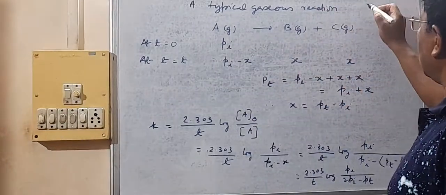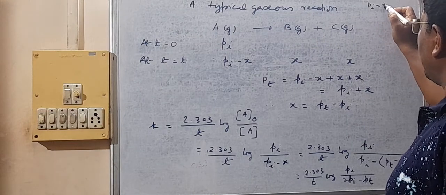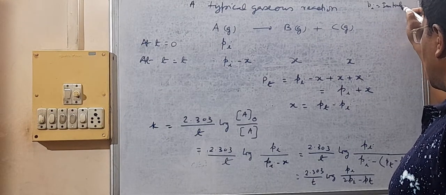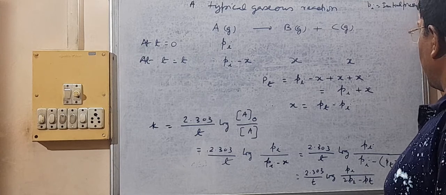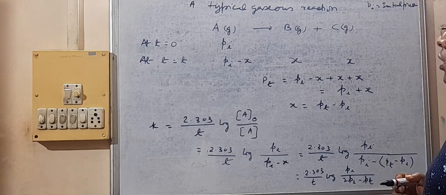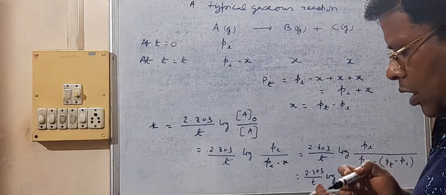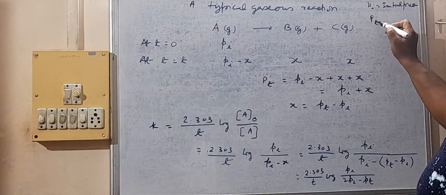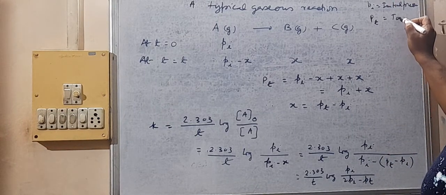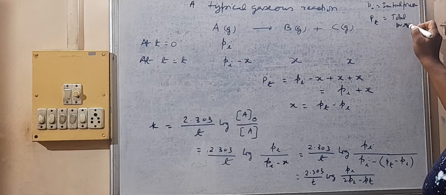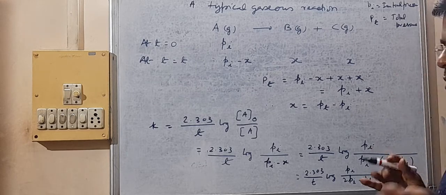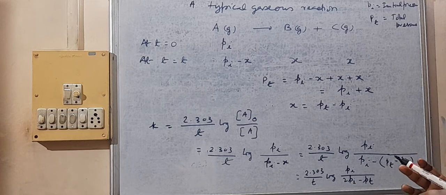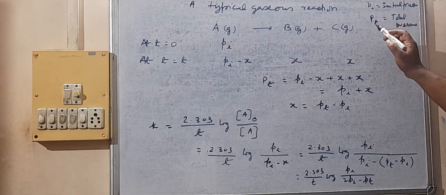So Pi is our initial pressure, and suppose Pt is the total pressure of the system at time t.